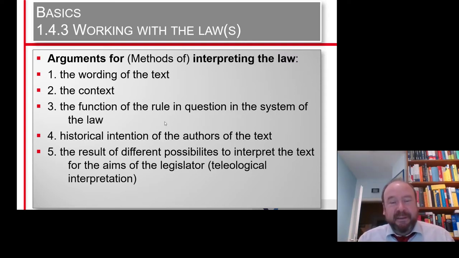So somebody said the wording of the text might cover that person as an entrepreneur. In the context, there is no big argument, but the whole system of that value-added tax law would then break down. That can't be meant, because value-added tax is meant as a tax which is only to be paid by the business people and not by everyone in the population. And so the courts used that argument to say, yeah, that is not what the legislator had in mind.